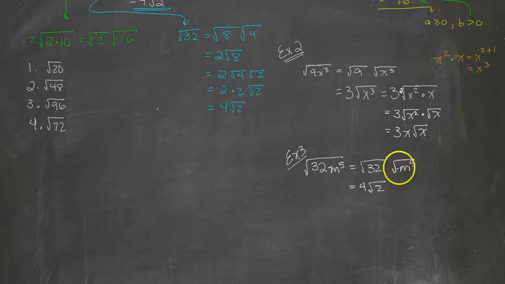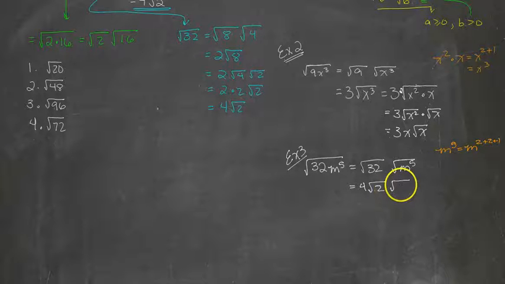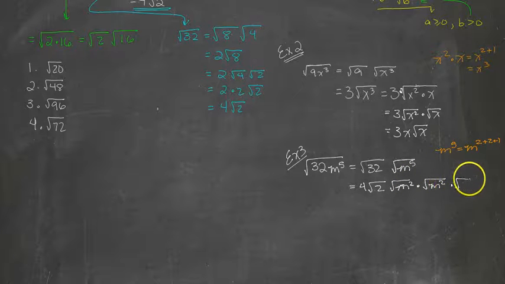And then I want to deal with my variable. So I know that m to the 5th is equal to m to the 2 plus 2 plus 1. And because I know that, I can rewrite this as root m squared times root m squared times root m to the first power, which I won't write.